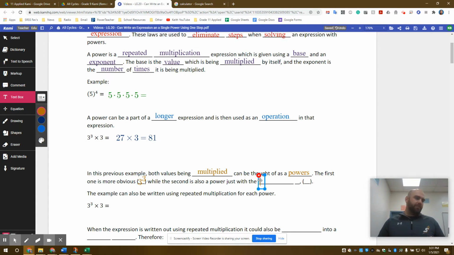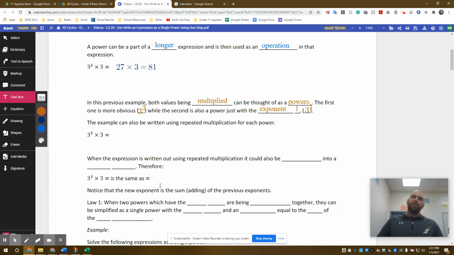But the second one also just has an exponent of 1, and therefore is like 3 to the power of 1. So we can think of it that way. That doesn't fit in there overly well, but we'll try. So we can think of them both as being powers.